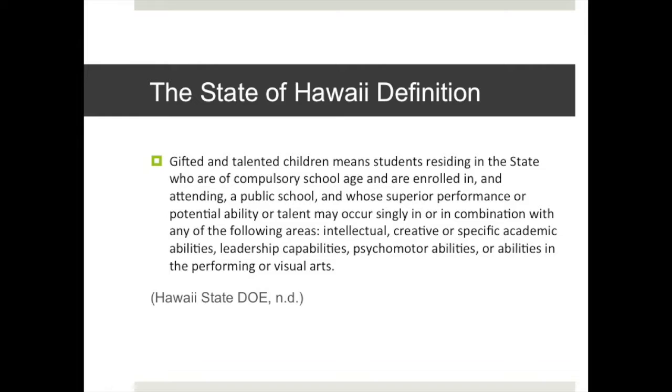The State of Hawaii definition. It is not required to use the federal definition of giftedness, so states and districts can have different definitions. The State of Hawaii defines gifted students as follows.